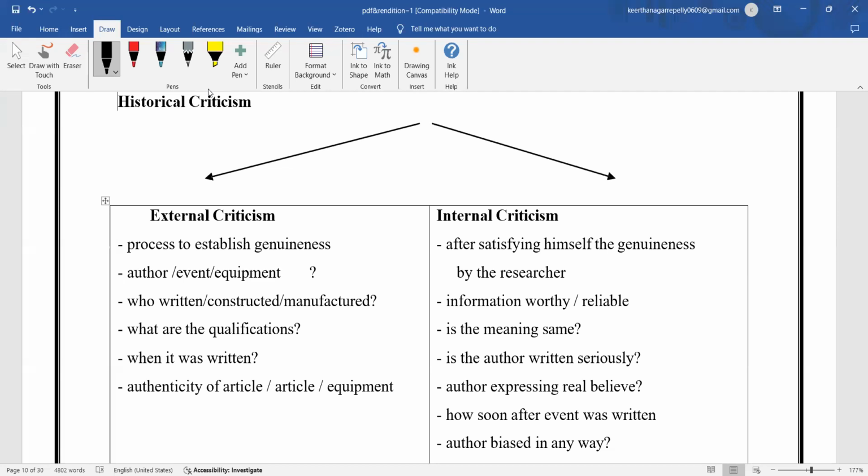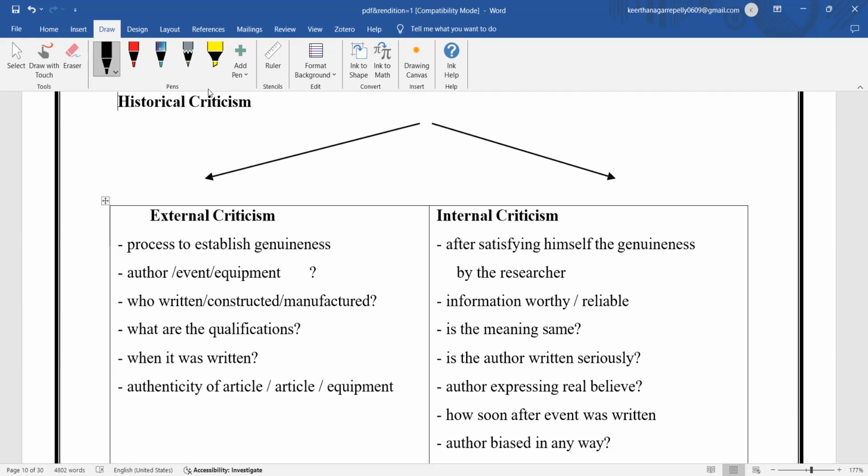So in external criticism, you're differentiating who has written it: the person who closely observed Gandhi, or the person who has not at all observed Gandhi.